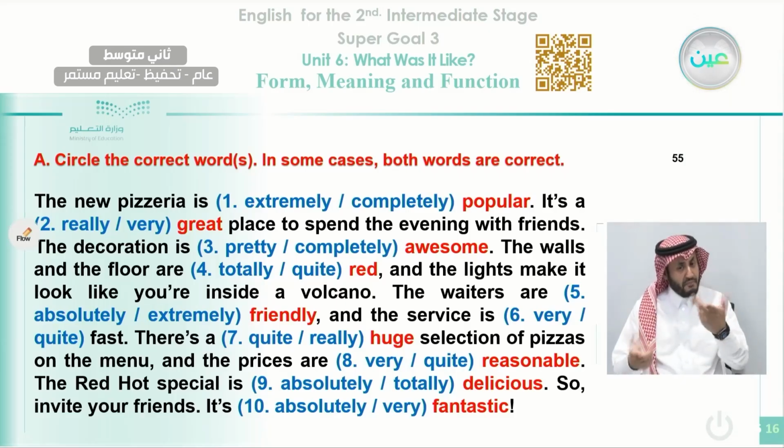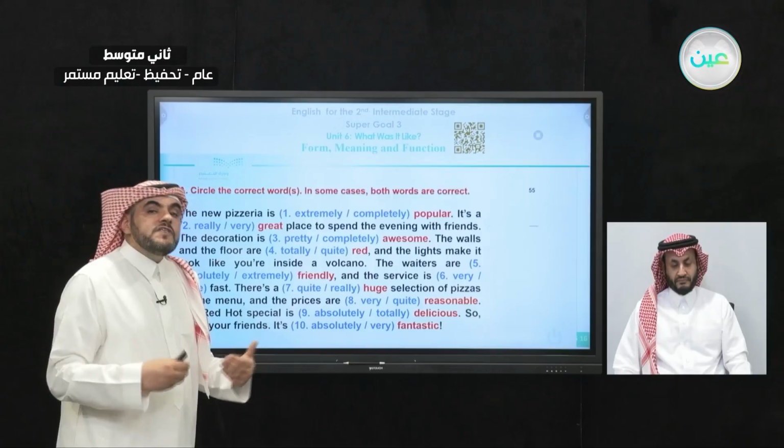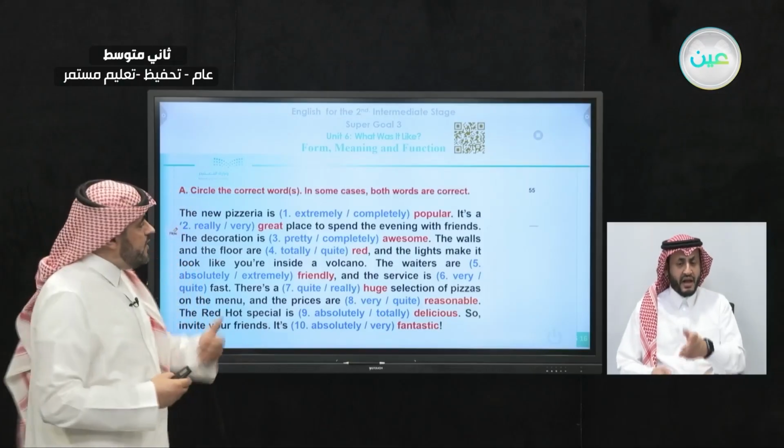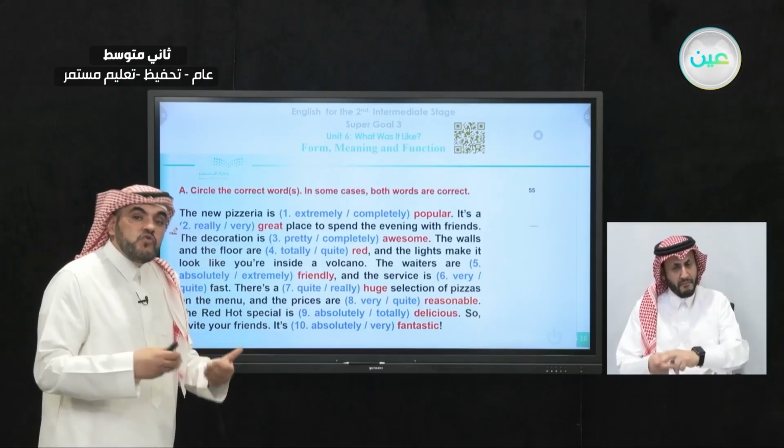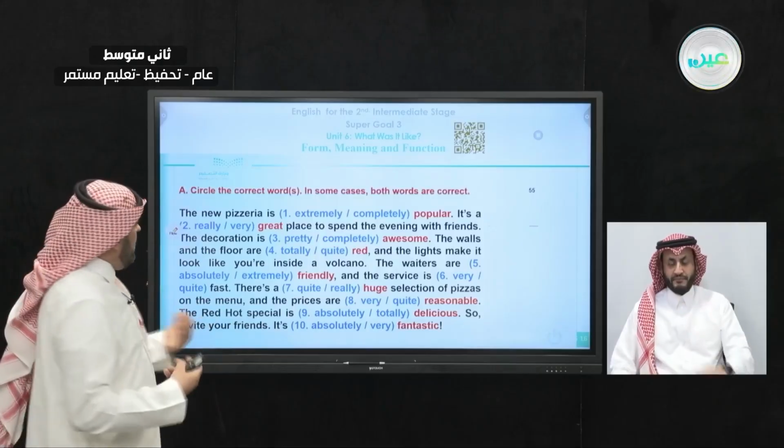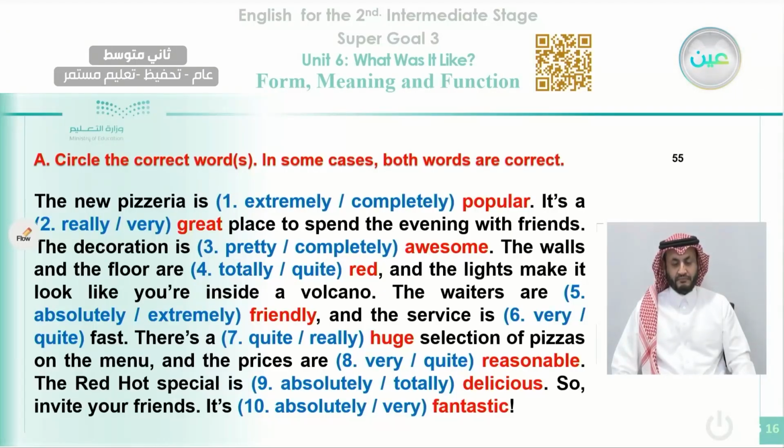Now these intensifiers are modifying some adjectives, as you can see here in the red font: popular, great, awesome, red, friendly, huge, reasonable, delicious, and fantastic. All of these words are adjectives, and we need to modify them to make them stronger. Okay, let's read all together and answer this exercise.